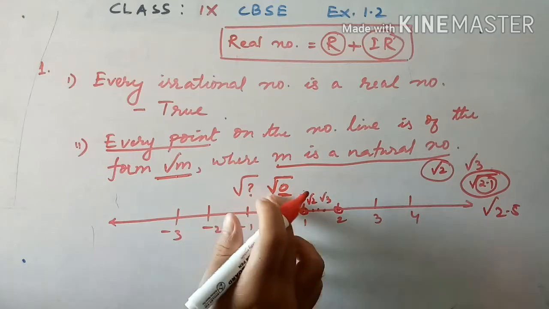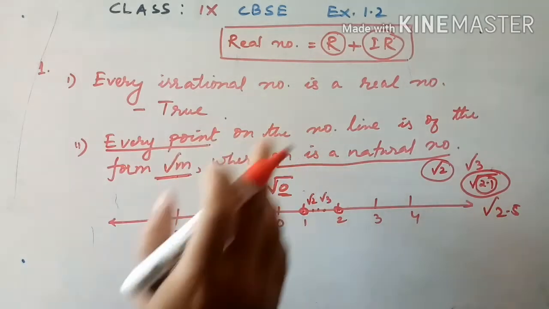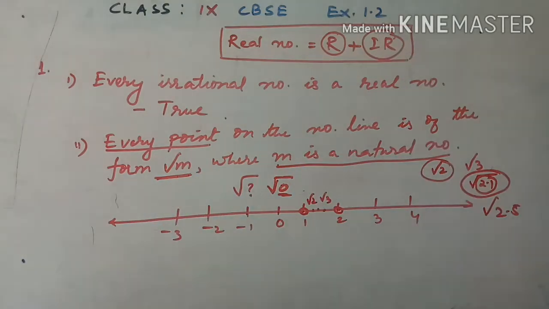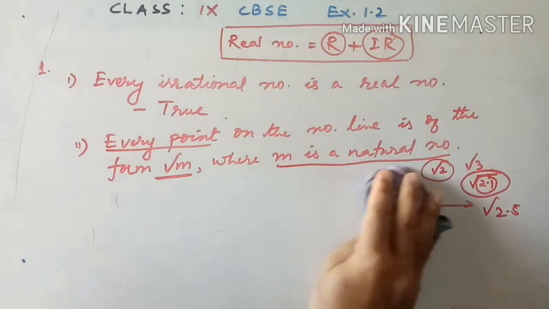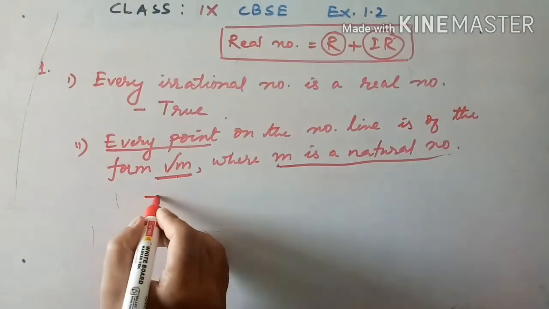This type of number also can be represented on the number line, not only natural numbers. Okay, so the statement every point on the number line is of the form root m, where m is a natural number, is a wrong statement. Every point on the number line is not the square root of a natural number. This is false.